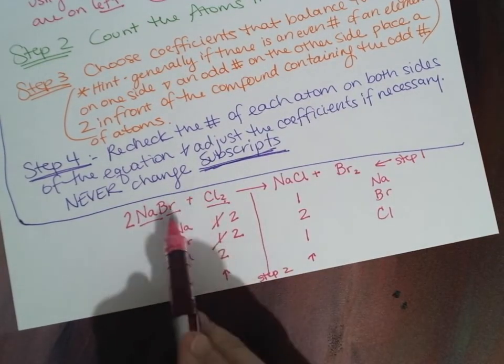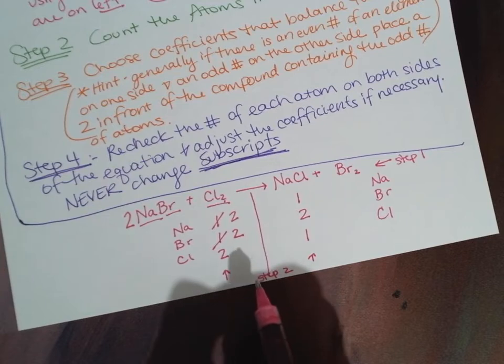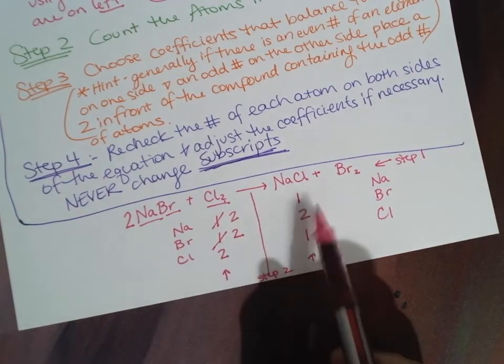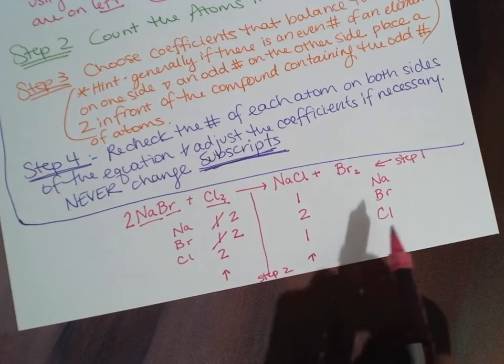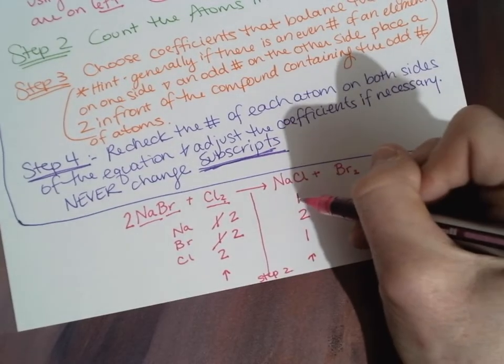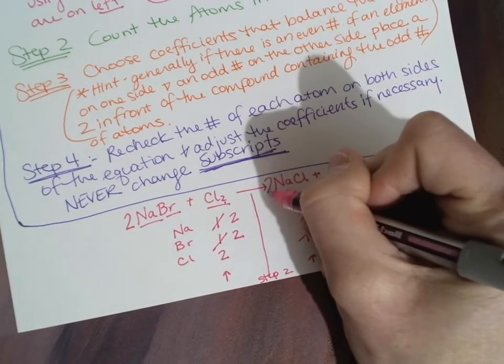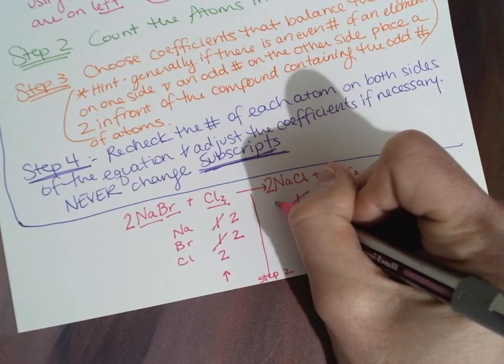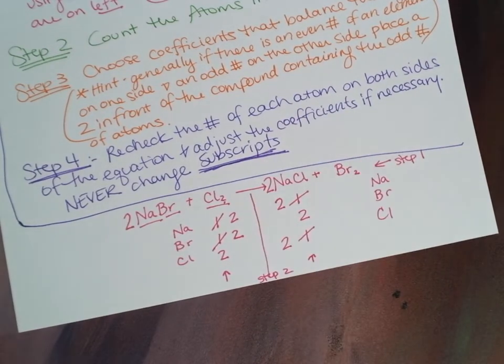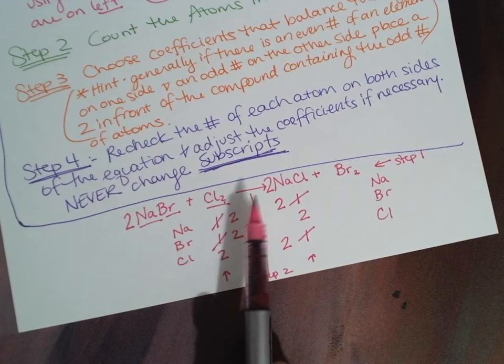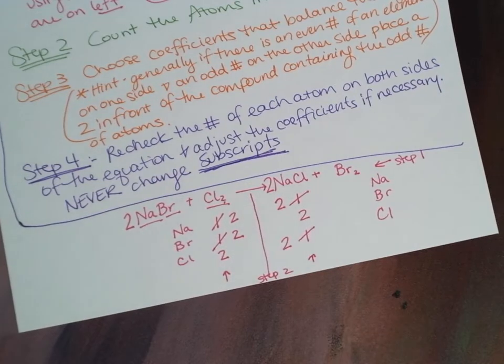So now I have 2 sodium, 2 bromine, and 2 chlorine. Well, 2, 2, and 2 don't match 1, 2, and 1. So I'm going to have to come over here and figure out how I can make these 2 and 2. If I just add a 2 coefficient here, I get 2 and 2. So now my formula is balanced. I have 2 NaBr plus Cl2 yields 2 NaCl plus Br2. And I'm done. That is how you balance a chemical equation.